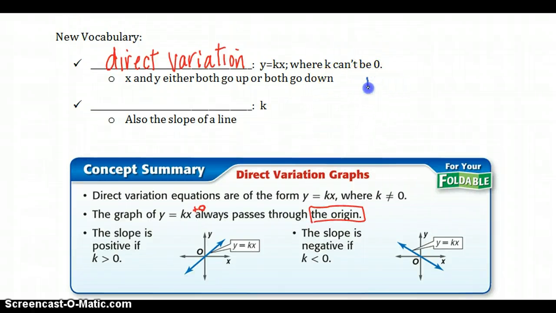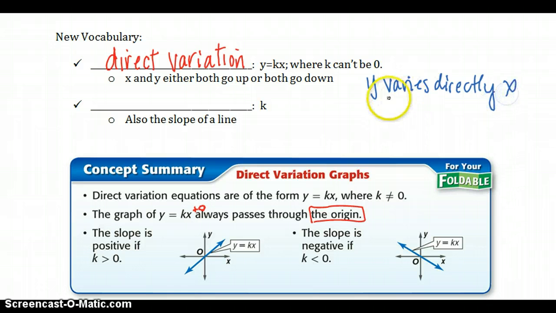You'll hear the language y varies directly as x. Okay, that's their relationship. Varies directly, direct variation. Y varies directly as x. All right, and k in this problem, we used to call k the slope, and we still will from time to time, but for these problems we call that the constant of variation, the proportion at which we change.